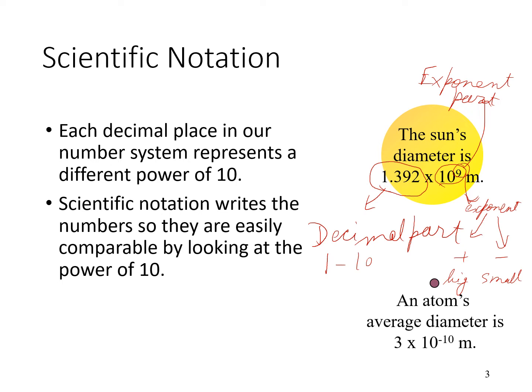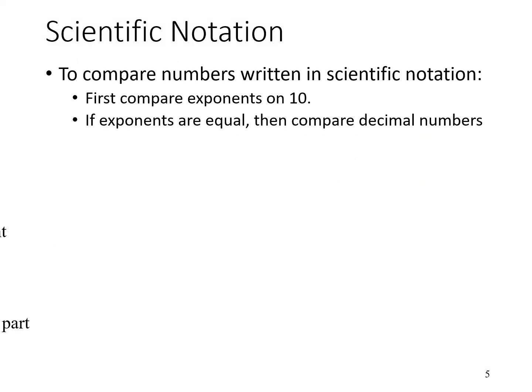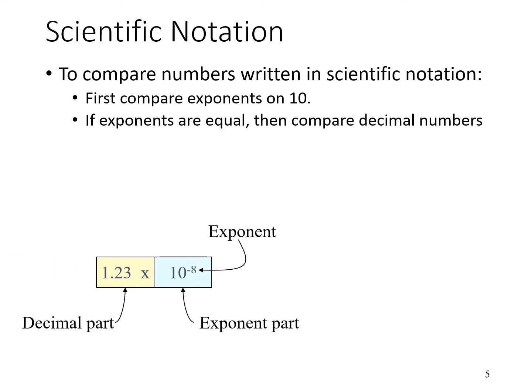That would give you a really small number. So a negative exponent means the number is small, and a positive exponent means the number is big. And this again tells you exactly what scientific notation is. It consists of a decimal part and an exponent part. In the exponent, the power that the 10 is raised to is called the exponent, and this can be a positive or a negative number.